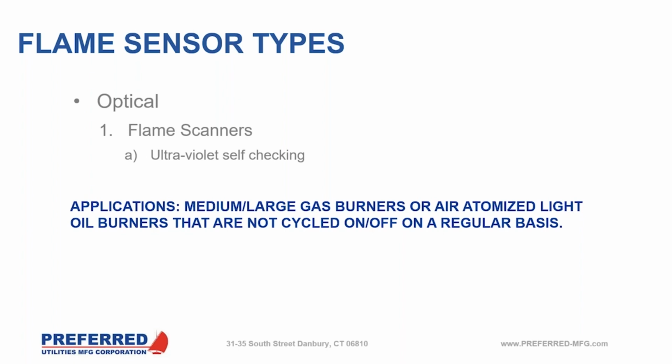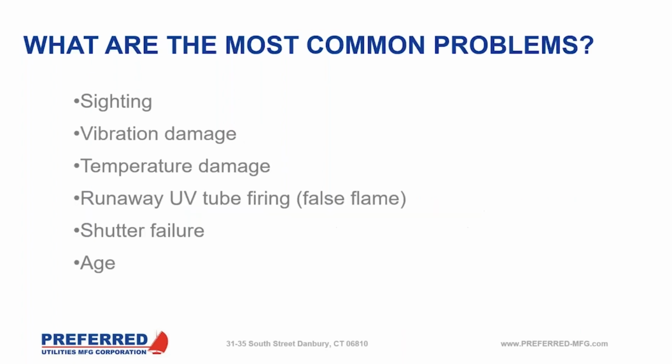So that's a question to always ask if you're on a job: this is a non-self-check scanner, do you guys cycle this thing every 8 hours or so? And if they don't, they need to be aware that they could have a real issue on their hands. And of course, these are utilized on medium to large burners and/or the light air-atomized oil burners. So this is where you would apply those types of scanners. And there are solid state versions of those too, which we'll discuss.